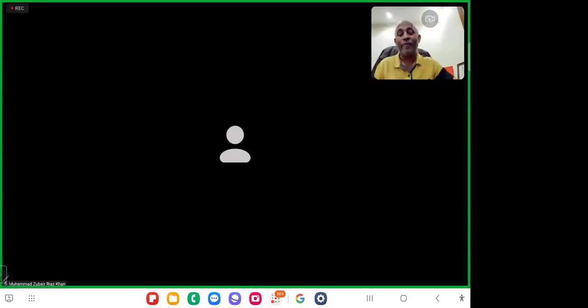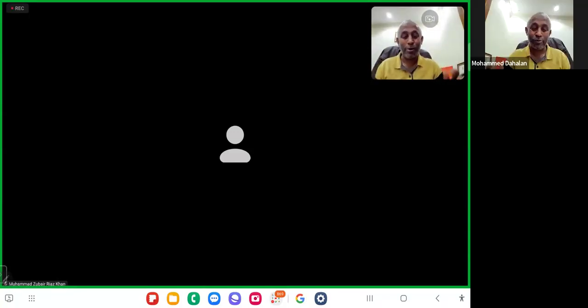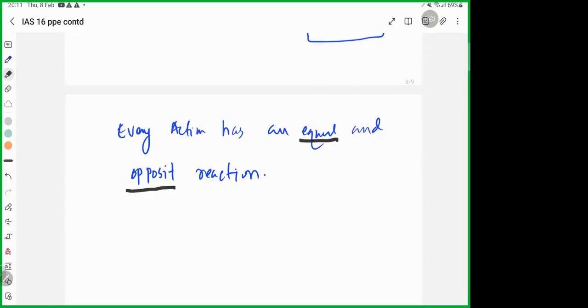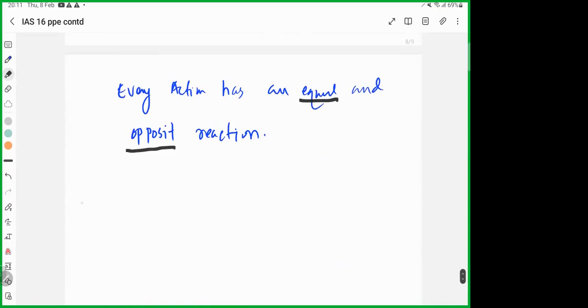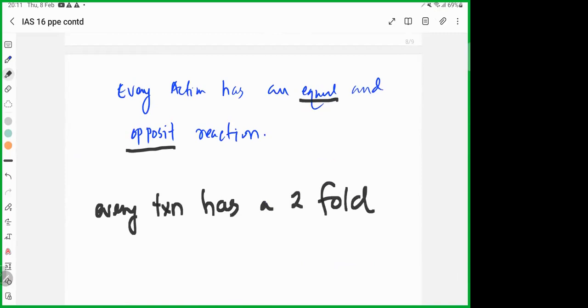Now what is the context? Why do I talk about all this? The context is Mr. Luca Pacioli says every transaction has a twofold effect. See, every action has one effect here, another effect here.